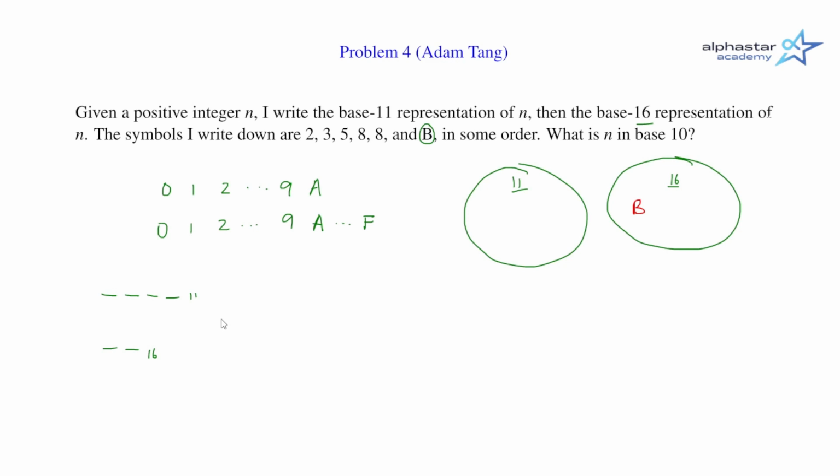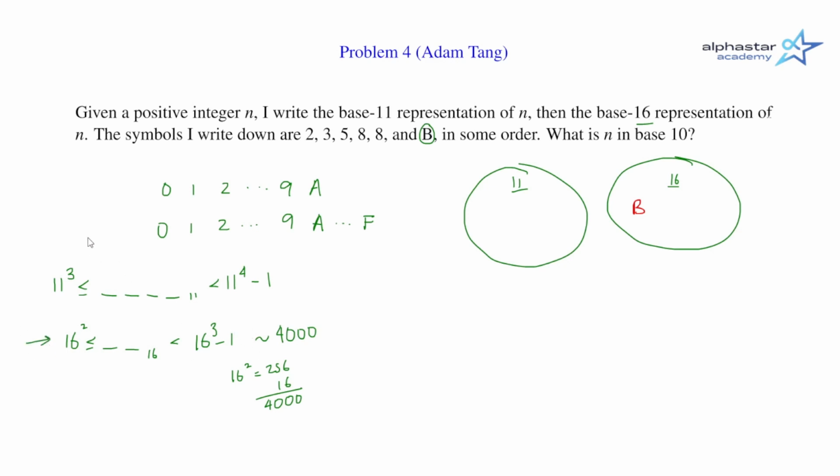In particular, this number is bounded between 11 cubed and 11 to the 4 minus 1, right? And this 16 number is going to be bounded between 16 squared and 16 cubed minus 1. Notice that 16 squared is 256. Multiply that by 16, you get about 4,000. So we know that this number is definitely less than 4,000.